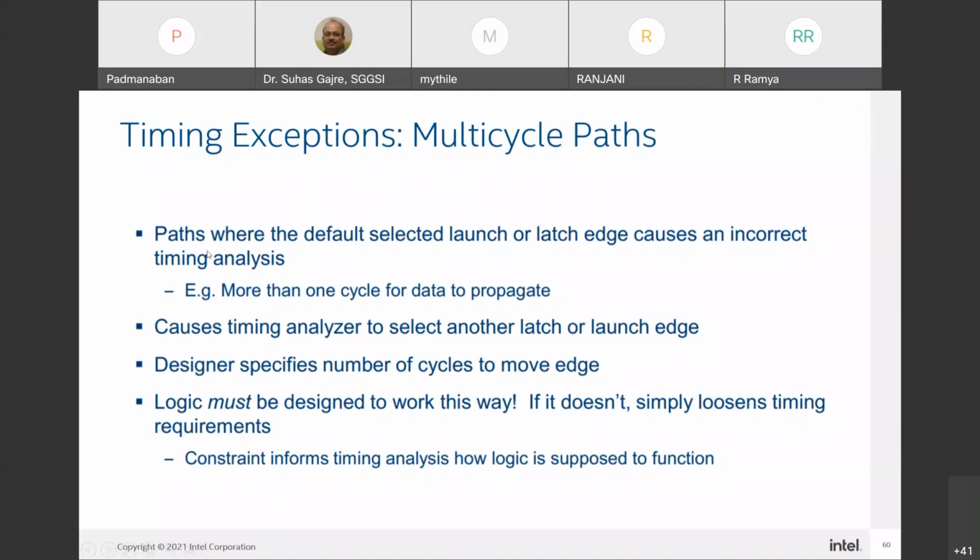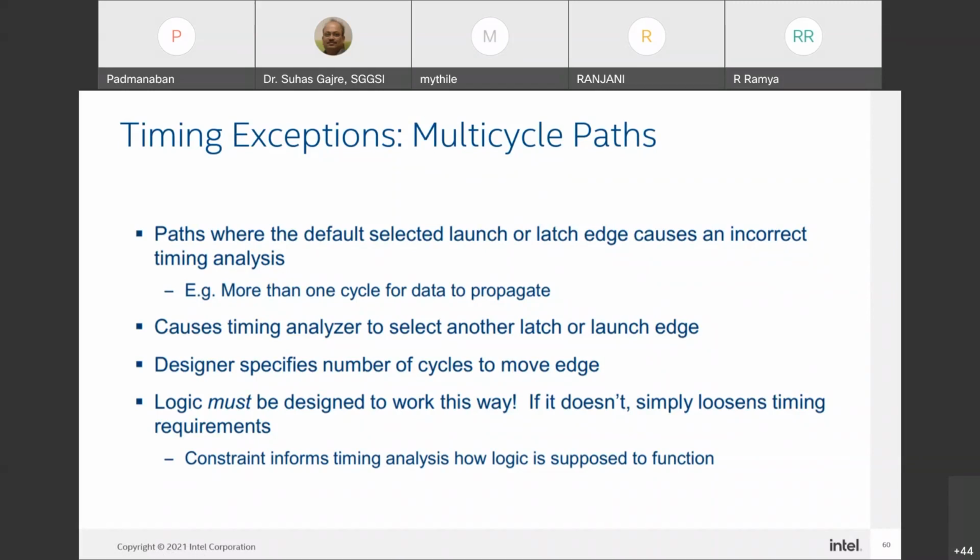Now, if we go through the logic here, a multi-cycle path is a path which takes more than one clock period to propagate the data from one flip-flop to another flip-flop. So what happens really when we are trying to check the launch and capture?